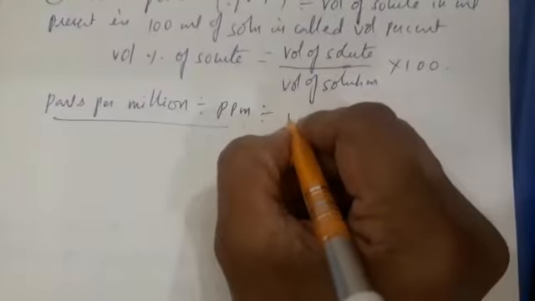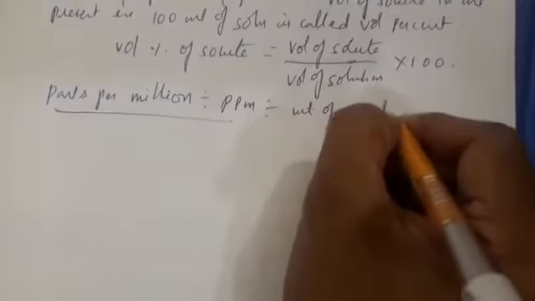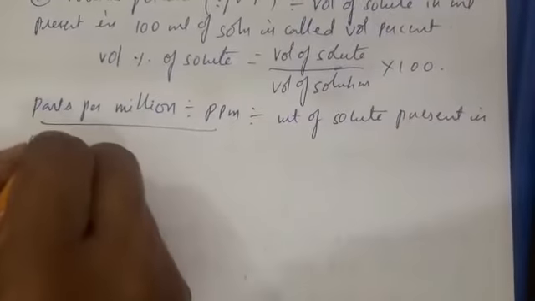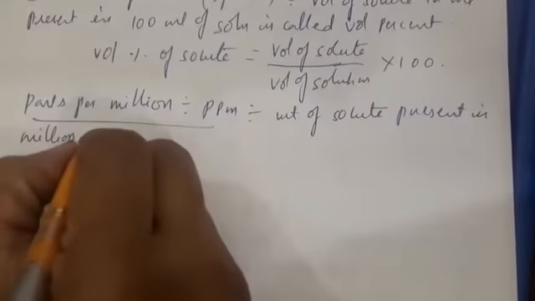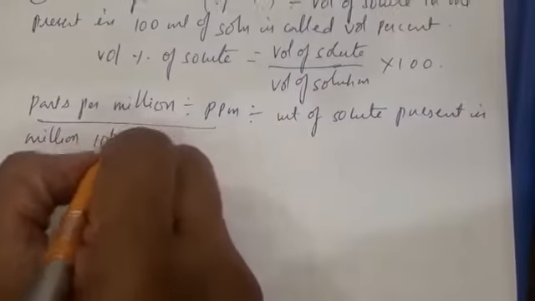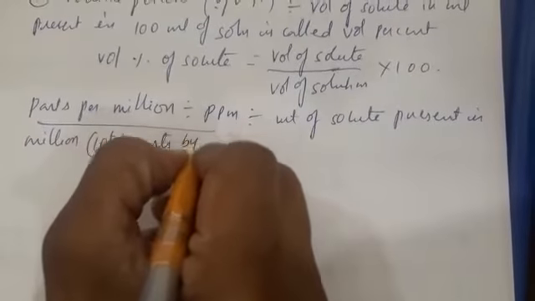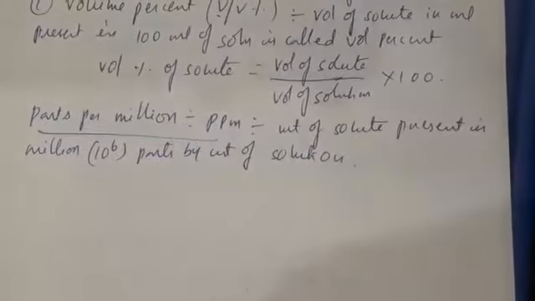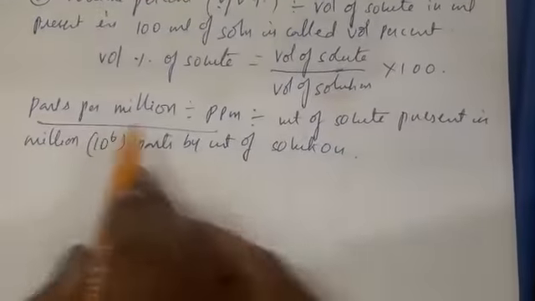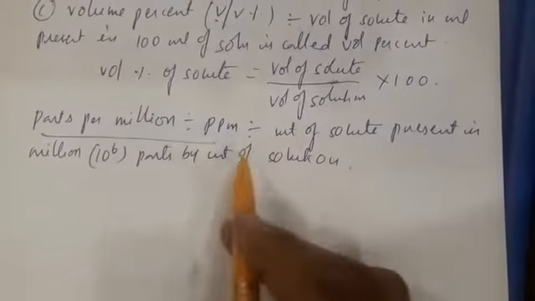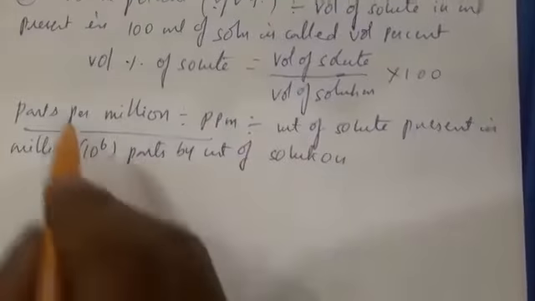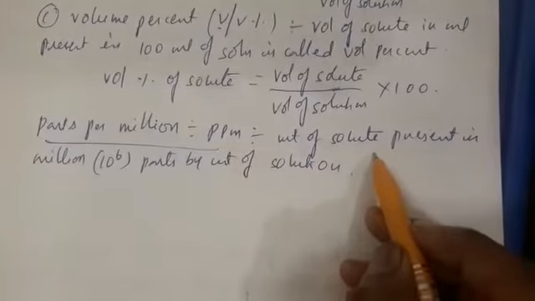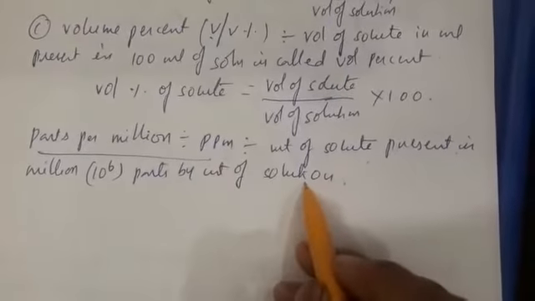So it is the weight of the solute present in a million, which means 10 to the power 6, parts by weight of solution. So that is parts per million. This is also a physical method to express the concentration of the solution.